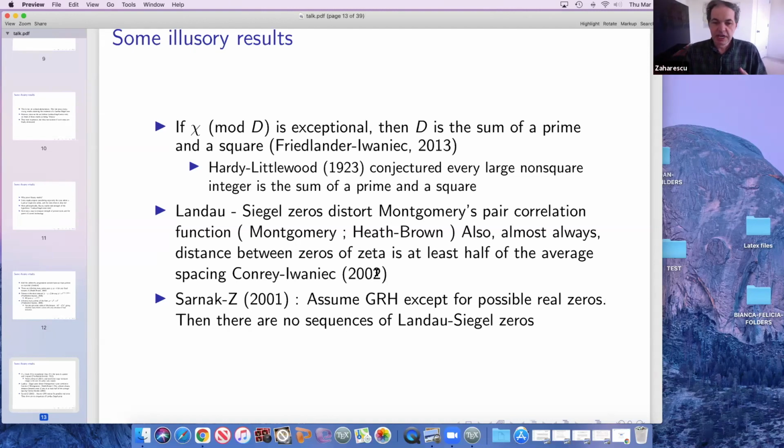In other words, we assume the GRH holds for all Dirichlet L-functions, except for possible real zeros of any number of such functions.